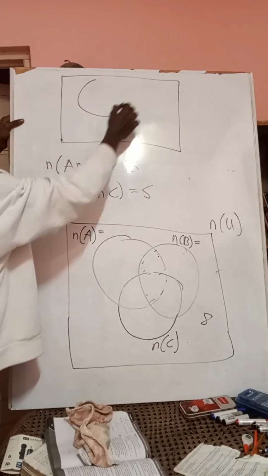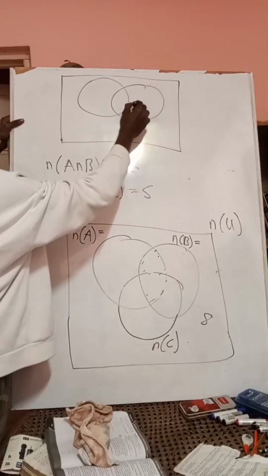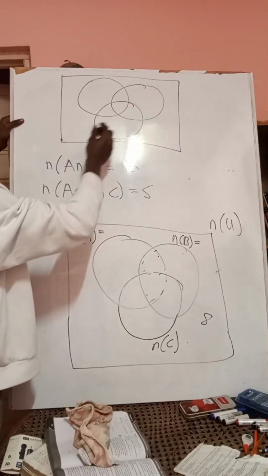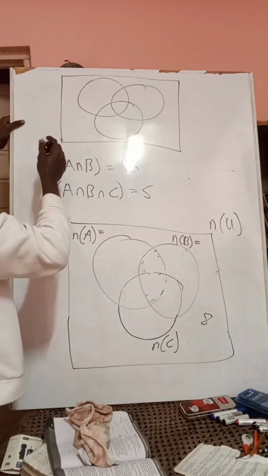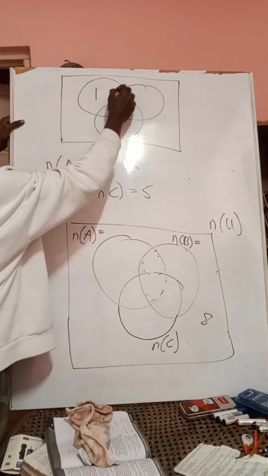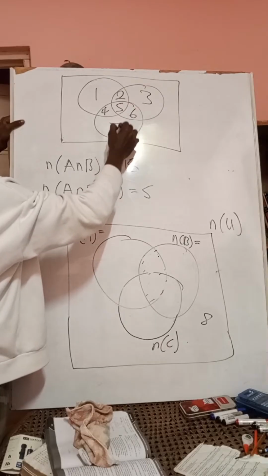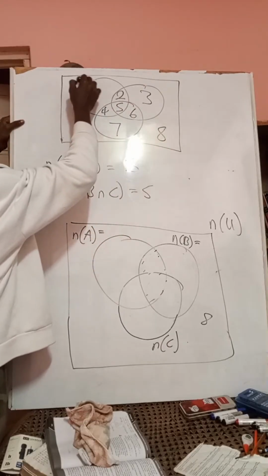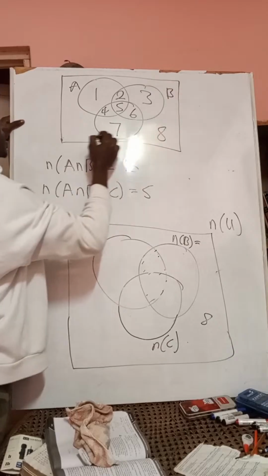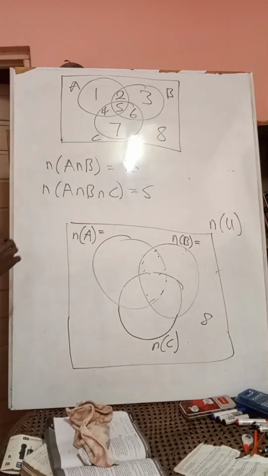I don't know whether you can see it clearly; let me know. This is 1, 2, 3, 4, 5, 6, 7, and then 8. A, B, C.